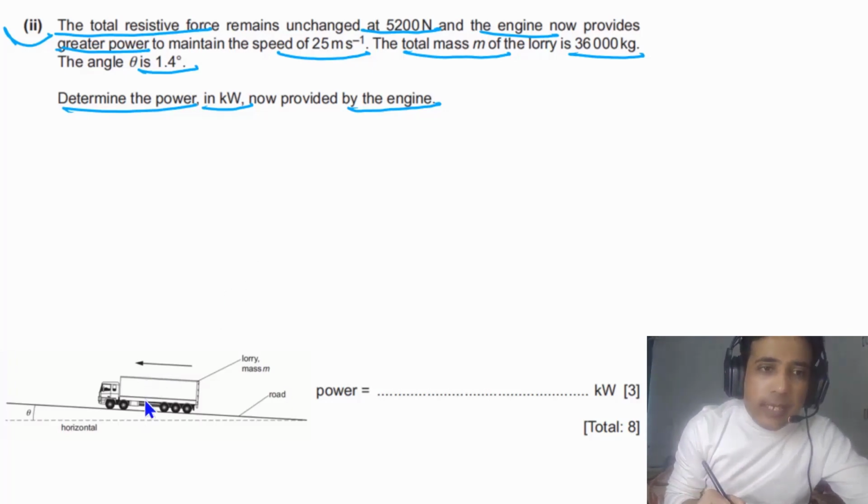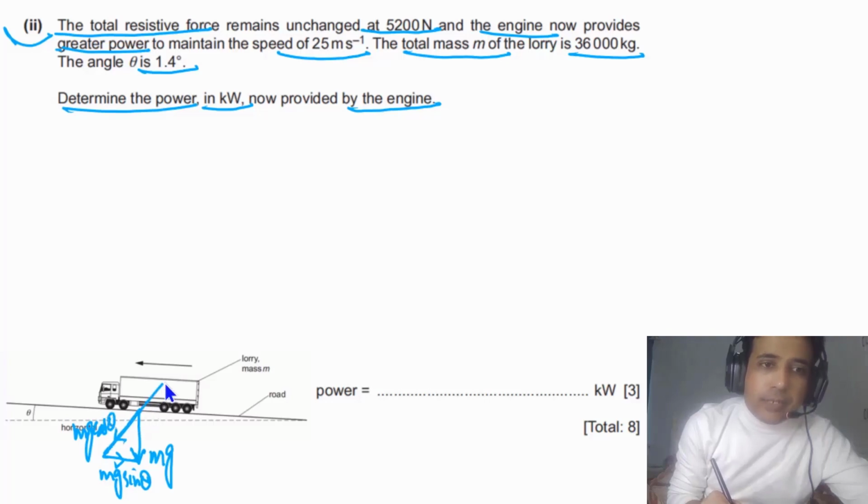Now if you look at the forces acting on this lorry, as we have already discussed, mg is acting vertically downwards, and there is a resistive force opposing the motion of the lorry, and that is mg sine theta. This component of the weight is opposing the motion of the lorry, and this component, mg cosine theta, is acting opposite to the normal reaction force.